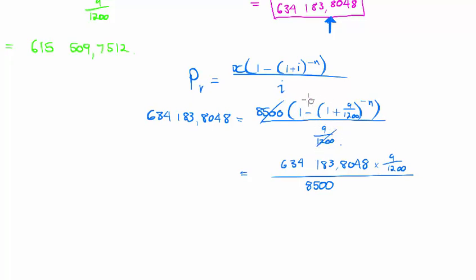Now notice here we've got again that thing where we've got two terms, but if I take the negative to that side, it becomes minus 1, isn't it? The plus 1, if I subtract it on the other side, I still have the negative. So rather what I do is I flip the terms around. Instead of having this minus 1 and on the other side minus (1 plus 9 over 1200) to the power of negative n, I just flip these two terms around, 1 minus that, and that gets rid of the negative on that side.